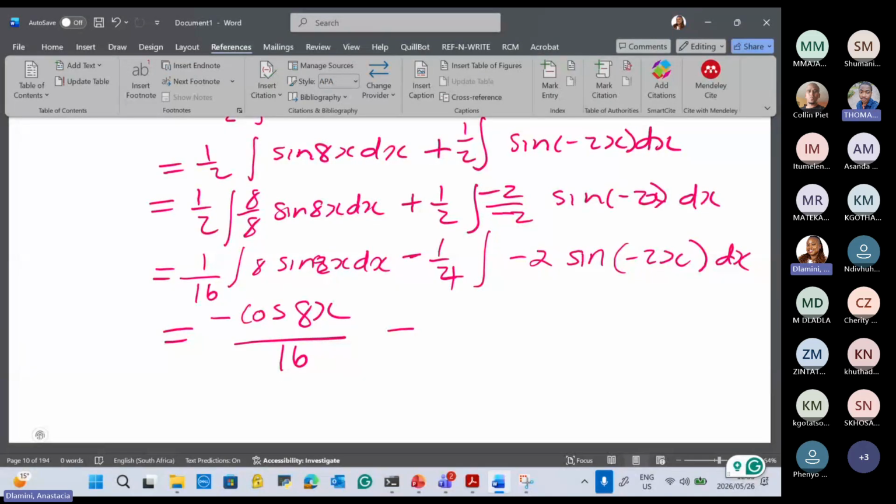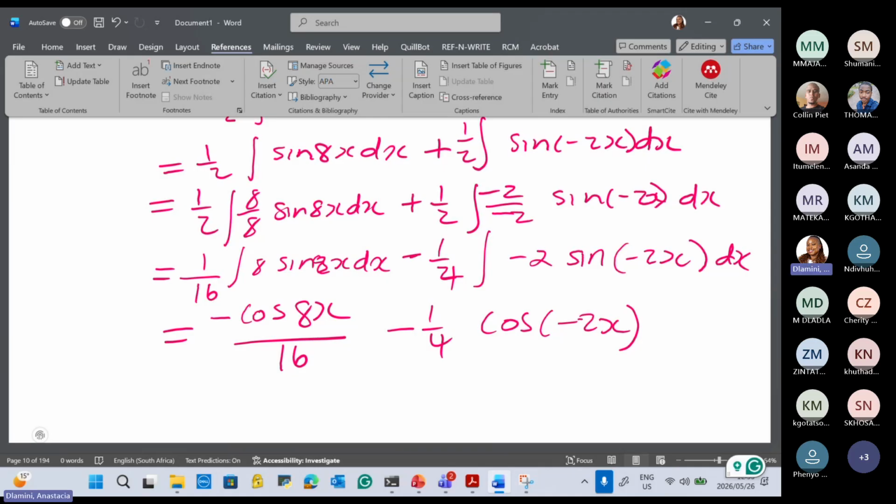If it's not possible, that means my answer will be negative 1 over 4 times cos of negative 2x. Negative 2x. That's what you're saying. Yes, ma'am.